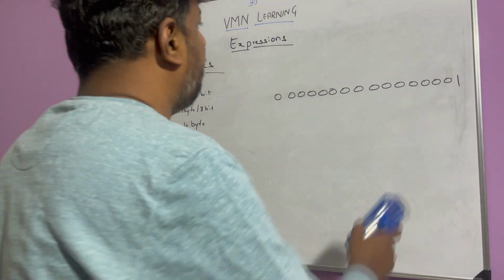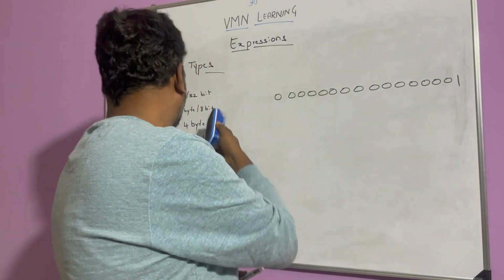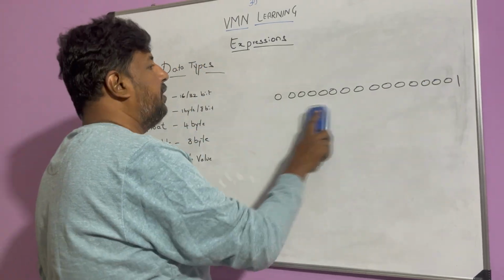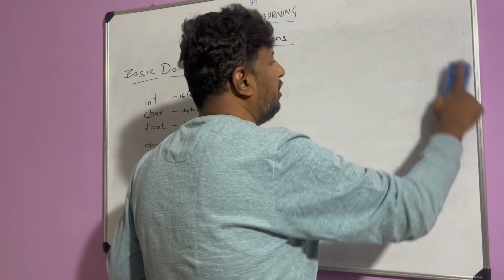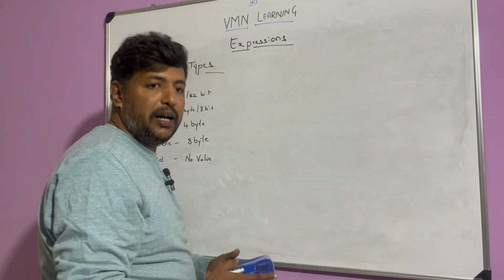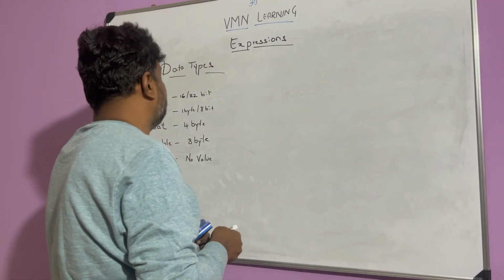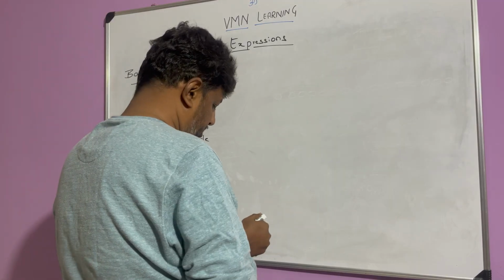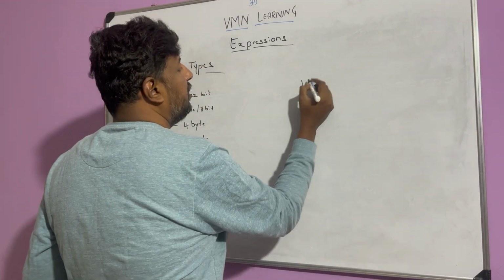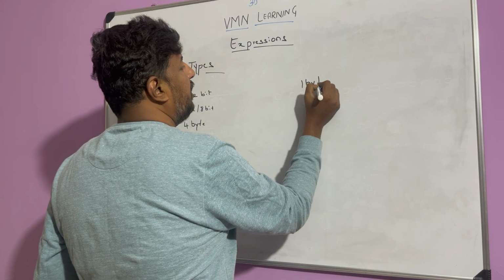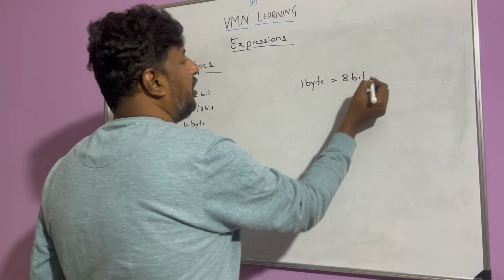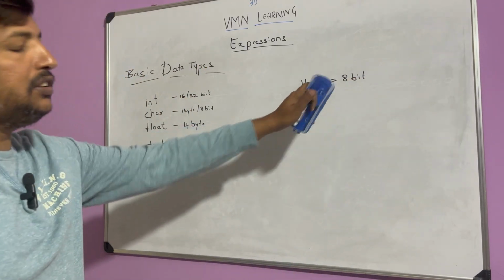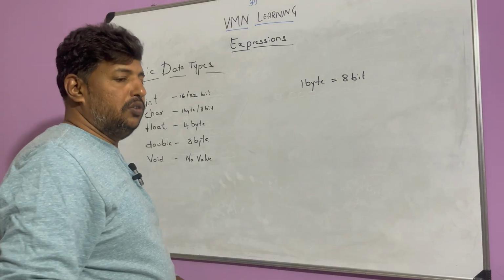Normally we don't talk about every bit; we normally say it as bytes. Kilobytes, megabytes, you have heard, right? Normally 1 byte is equal to 8 bits. This is the general memory allocation idea.